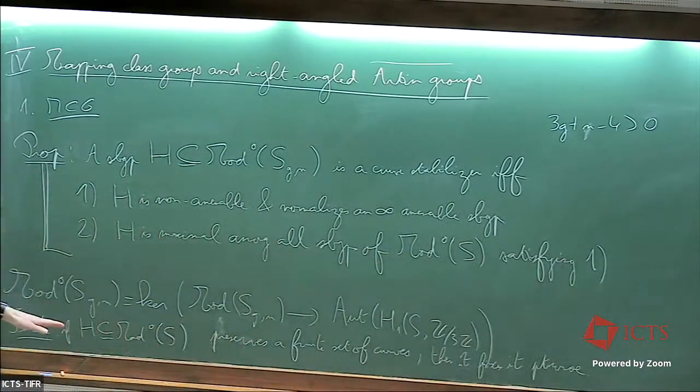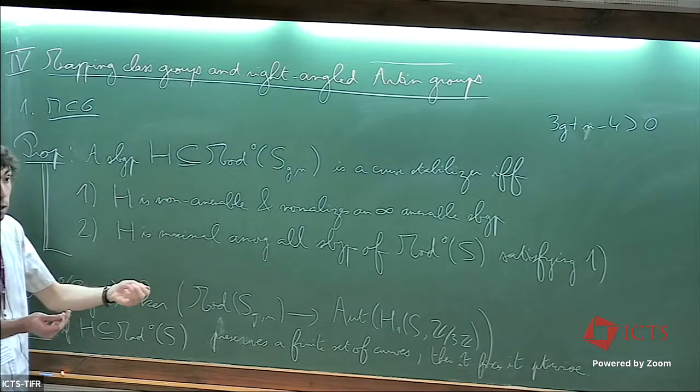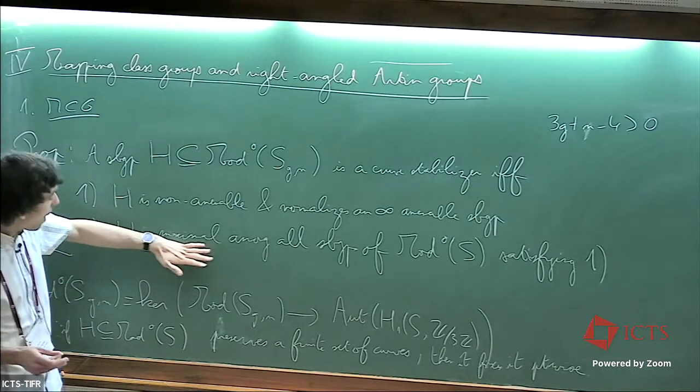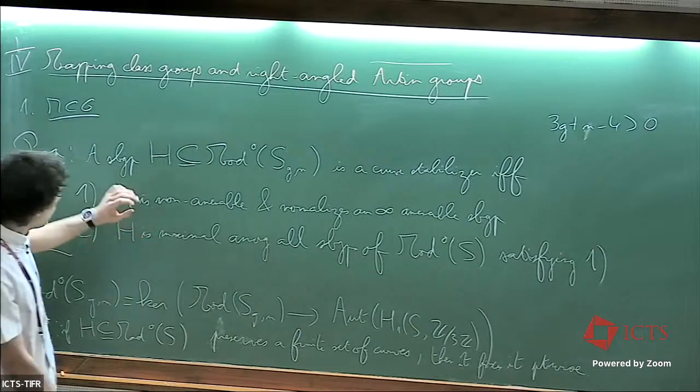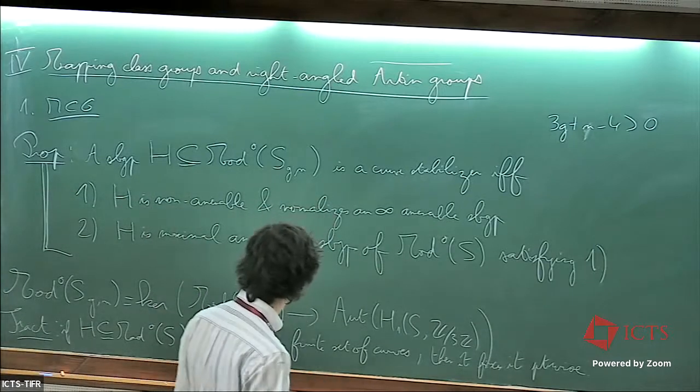Or in other words, if you have a subgroup of this that has a finite index subgroup that fixes a curve, in fact, H fixes a curve itself. So you need this technical thing just to make sure that I get curve stabilizers and not multi-curve stabilizers, for example, because in this finite index subgroup, the stabilizer of a multi-curve is always contained in the stabilizer of each individual curve. And so if you take a maximal thing, you'll get the stabilizer of one curve. But anyway, this is just a technical point. The key thing is getting, from this condition, the fact that you fix a curve.